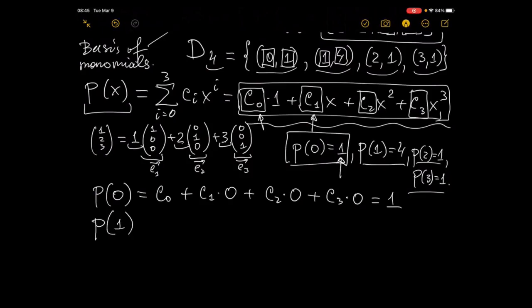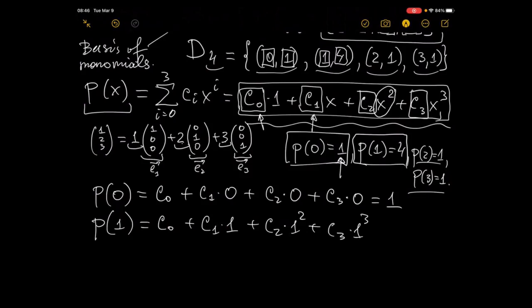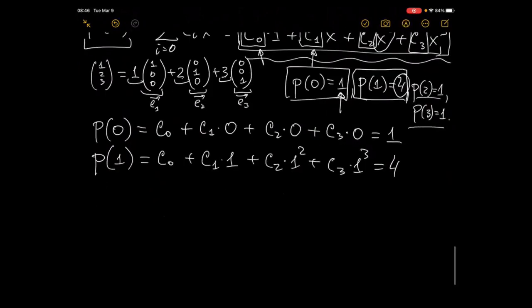P at 1, now I'm using this equality, is C0 plus C1 multiplied by 1 plus C2 multiplied by 1 squared plus C3 multiplied by 1 cubed equals 4. P at 2. Could you please tell me what it will be equal to?